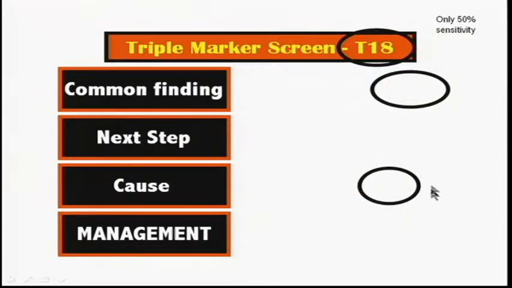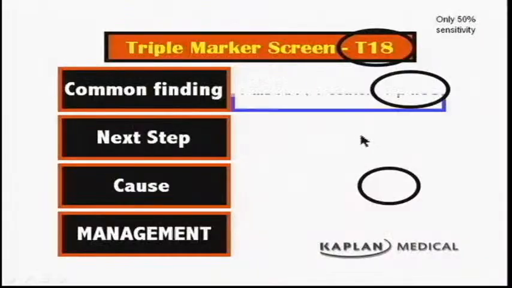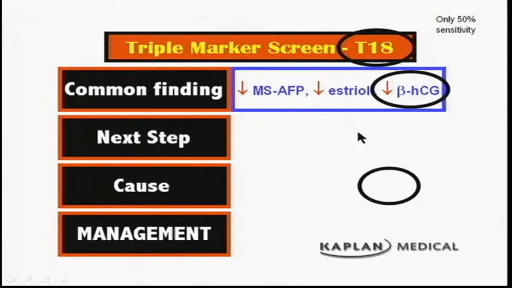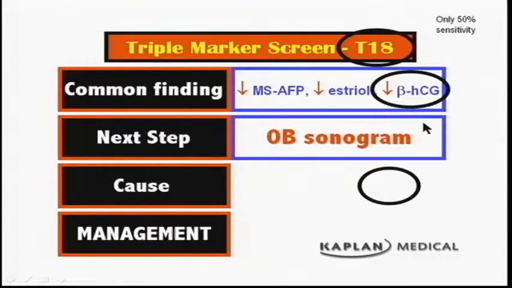All right, another pattern on the triple marker screen is found with trisomy 18. With the trisomy 21, the beta HCG is elevated. With trisomy 18, it is low. AFP is low, estriol is low, beta HCG is low. Our concern here is for trisomy 18. Next step in management will be ultrasound.